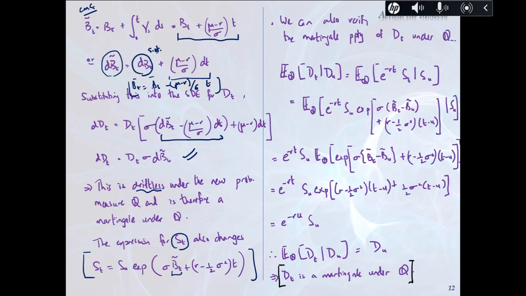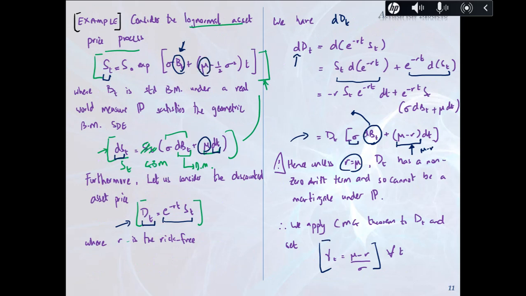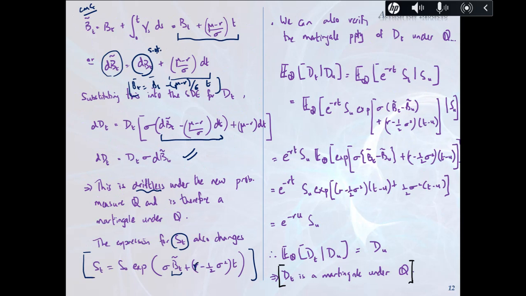After simplification, you will see that your mu is removed and replaced by an r here. Okay. So under the risk neutral probability measure Q, the new probability measure under which we are working, we are no more working with the drift mu, but here we have the risk-free interest rate.